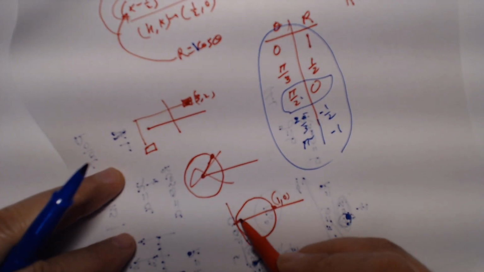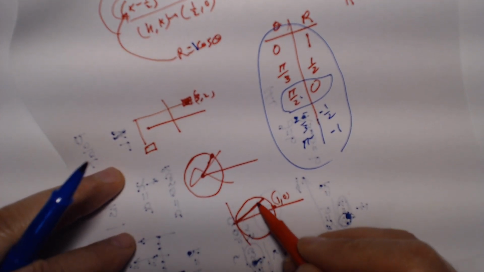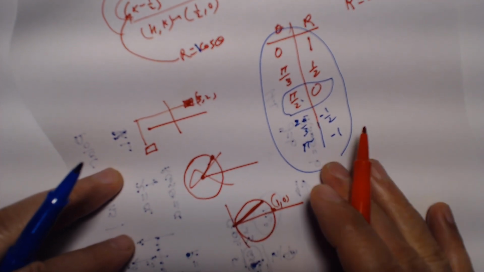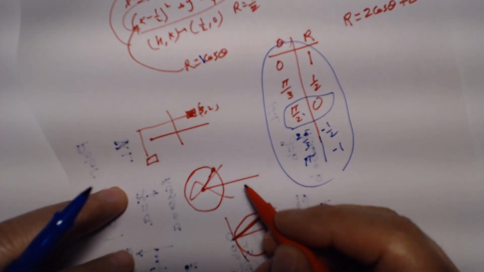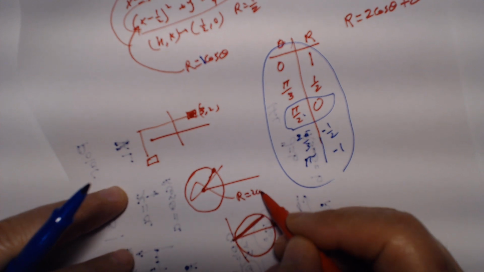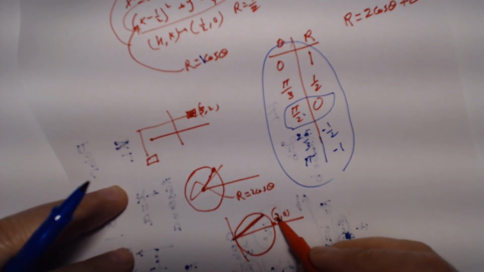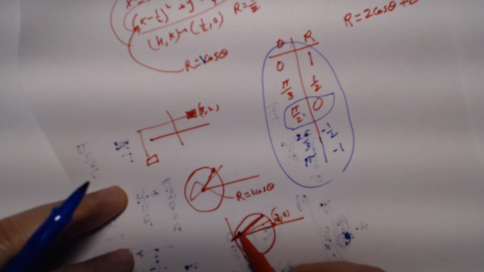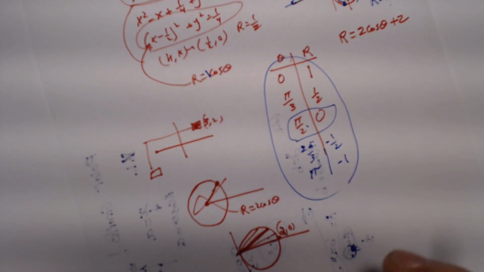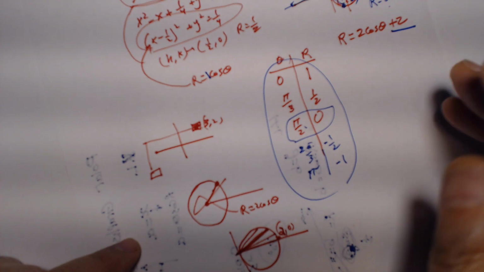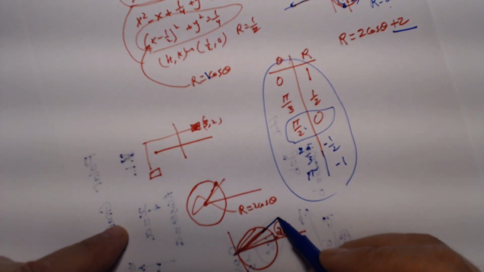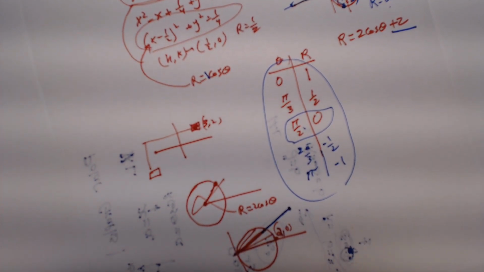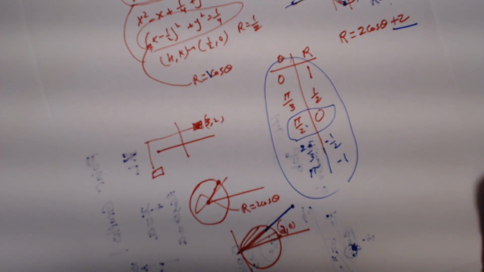Then here your r equal to cosine theta. If I put 2 right here, your diameter becomes 2. Therefore, your r is always 2 cosine theta. By adding a 2 to it, I'm just increasing the radius. I'm not shifting. I'm increasing the radius.